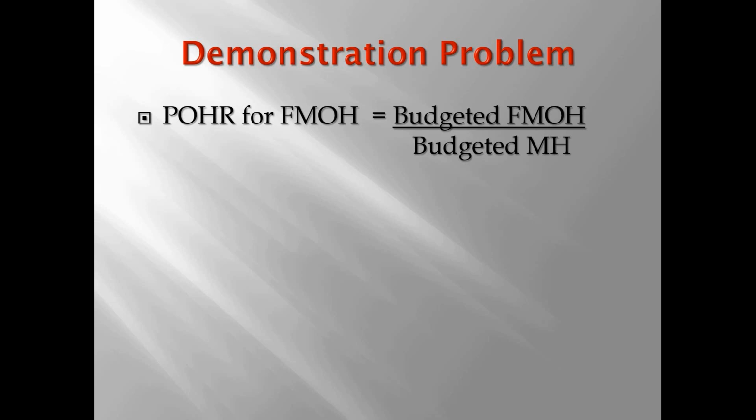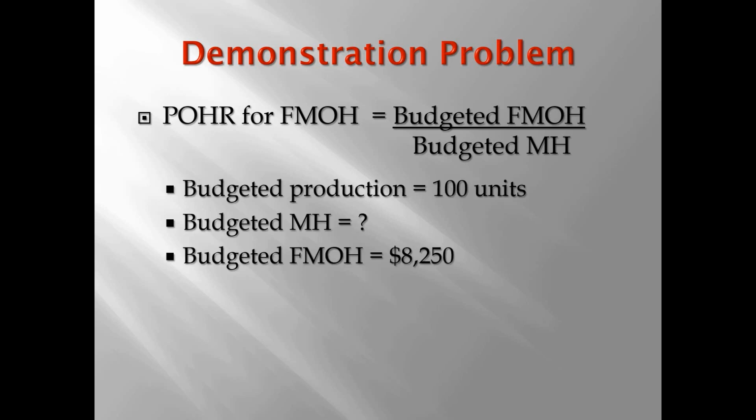What about the predetermined overhead rate for fixed manufacturing overhead? The formula is the budgeted overhead divided by the budgeted amount of the allocation base. We were told that the firm expected to make 100 units during the period, and we were told that the firm had budgeted $8,250 for fixed overhead.